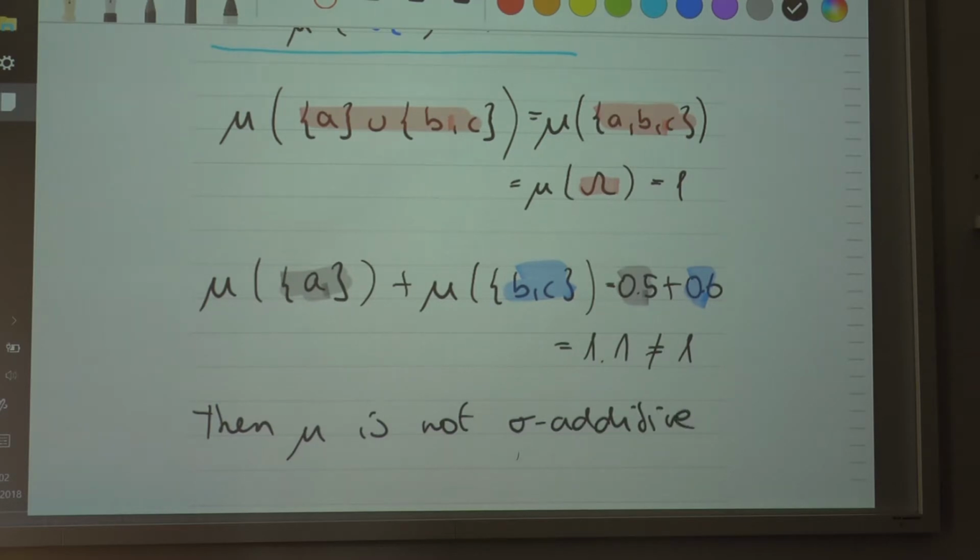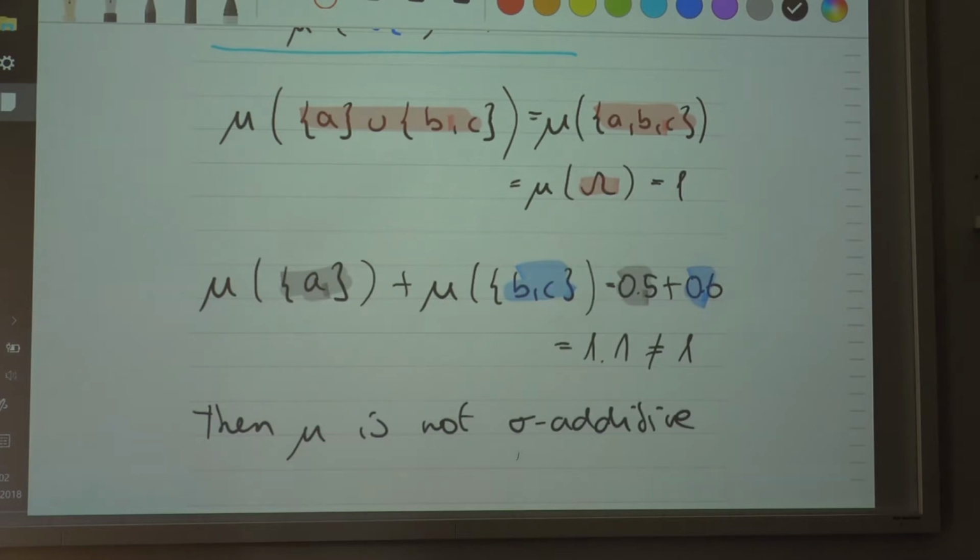Got it? Because the image of the union of pairwise disjoint sets is not always equal to the sum of the images of these pairwise disjoint sets. Here the image of the union is not equal to the sum of the images.